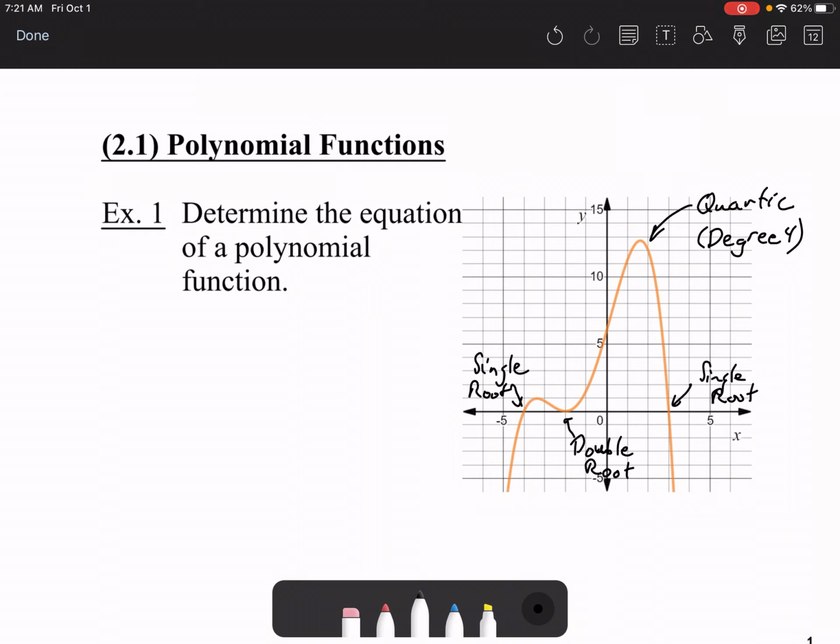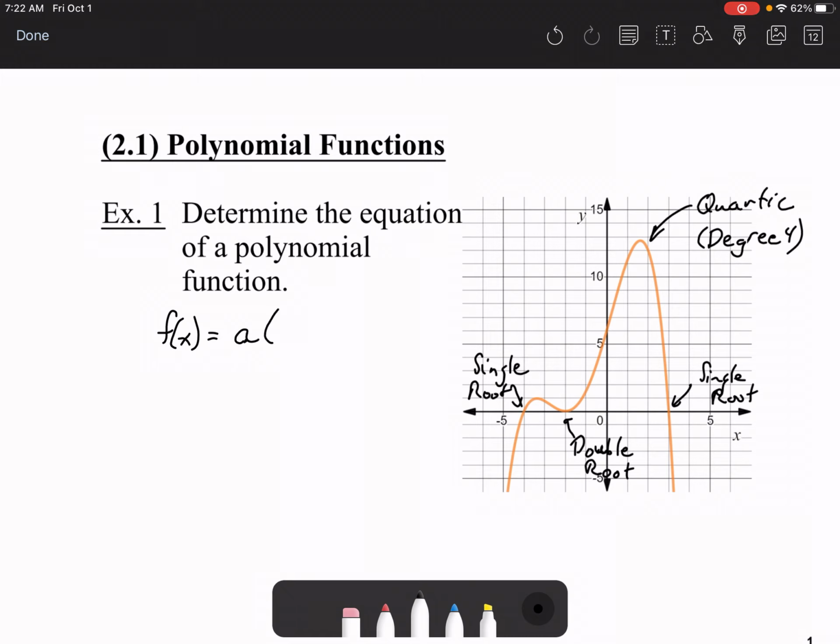Okay, so since we know it is a quartic function, we're going to start out by writing the function f of x. Because I know my factors, I can write down the factors, but I don't know the stretch or compression factor. So I'm going to write down a, because I don't know what that value might be.